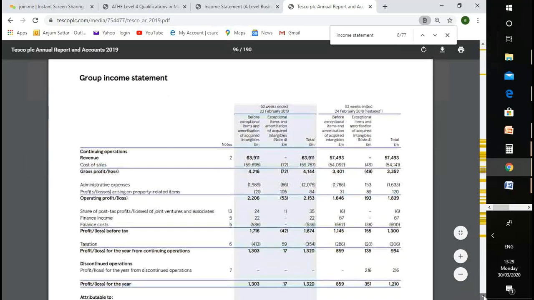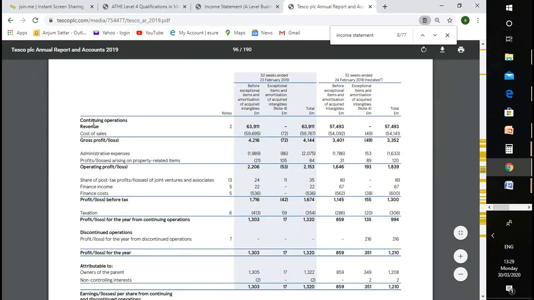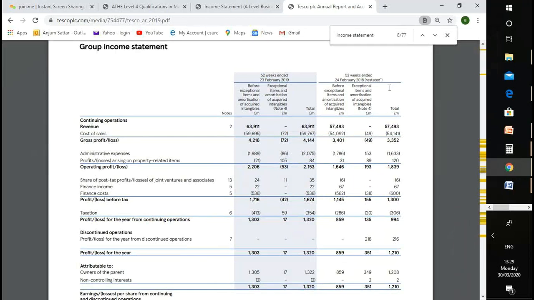The structure of the statement looks like this. Revenue comes first. If you look at 2018 and 19, how much revenue does this company have? We have 63,911 million, and the previous year was 57,493. Just look at the final column of figures.